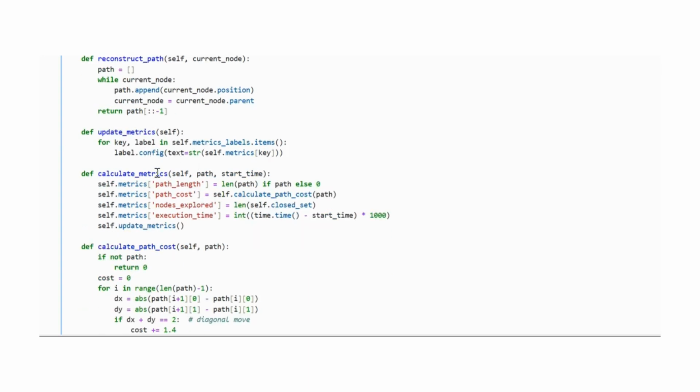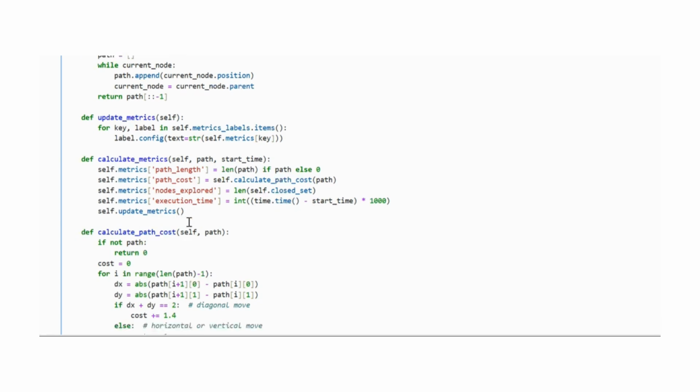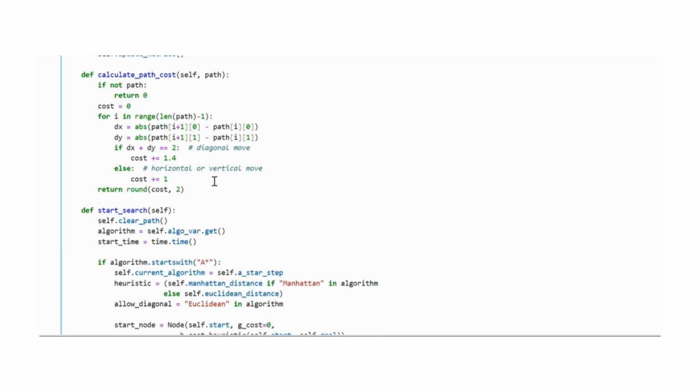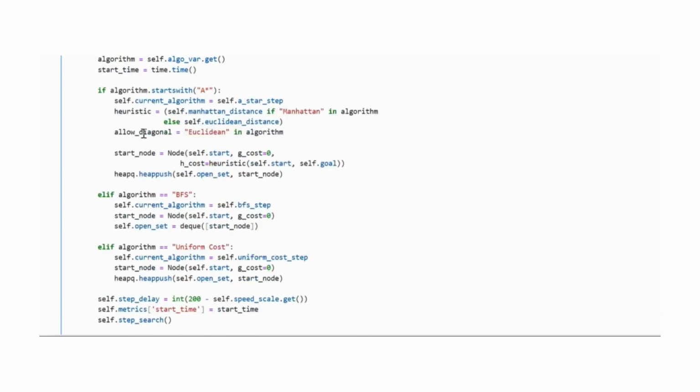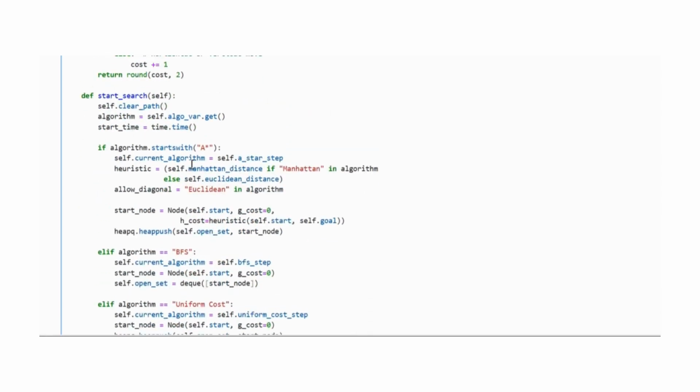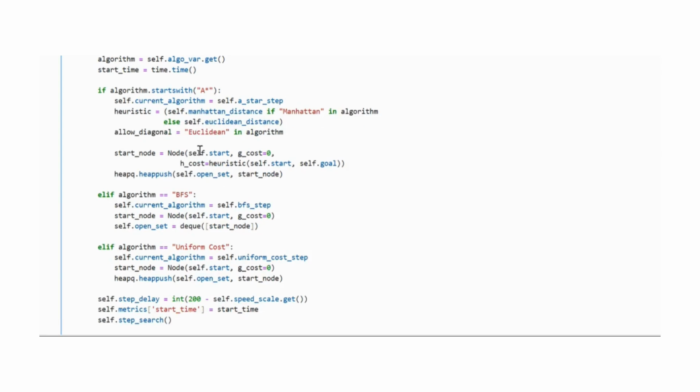we update the matrix, we calculate the matrix, we calculate the path cost here, and in the start search, we use the different algorithms.